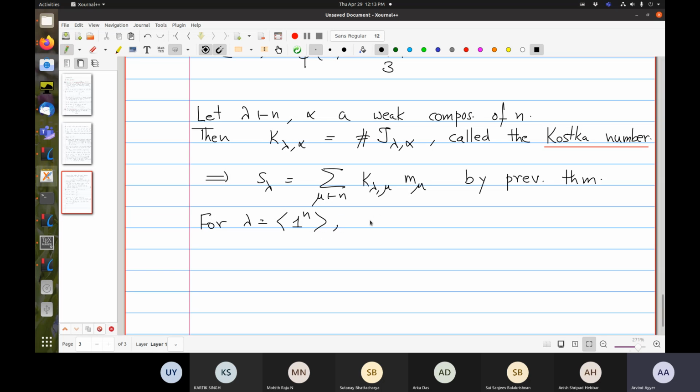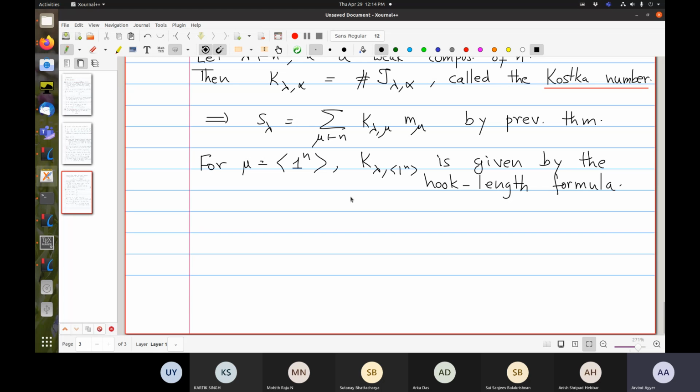For mu equals 1 power n, K lambda 1 power n is given by the hook length formula, which I showed you many weeks ago, because these correspond to standard tableaux. Okay, but otherwise there is no general formula for these.